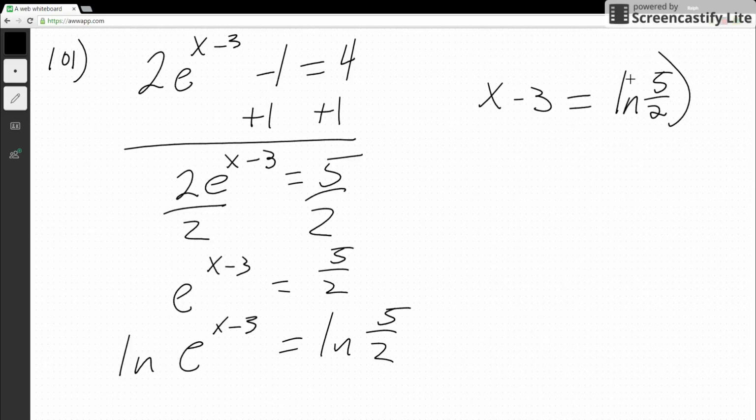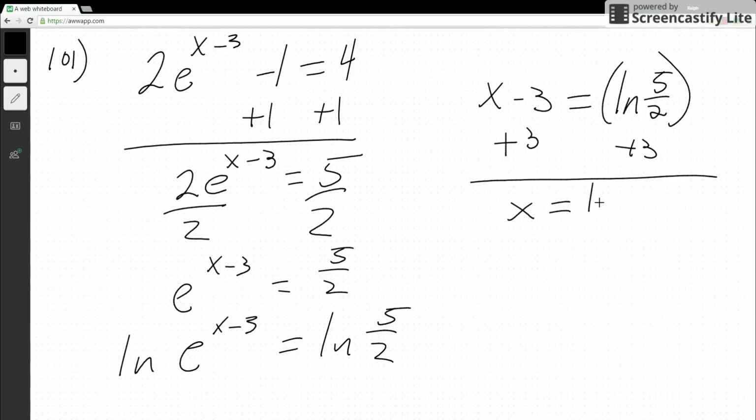Okay, remember this is one quantity here. And then I'll add a 3. And then I can just punch that into my calculator, then add a 3. Okay, and that comes out to about 3.9.